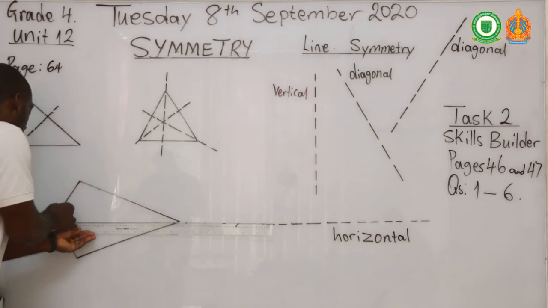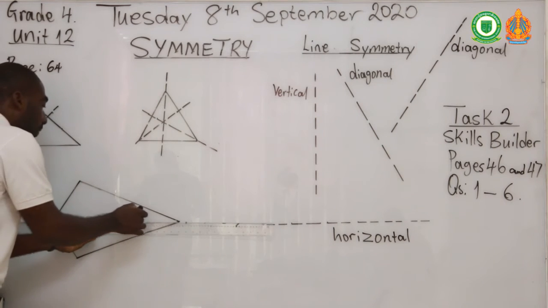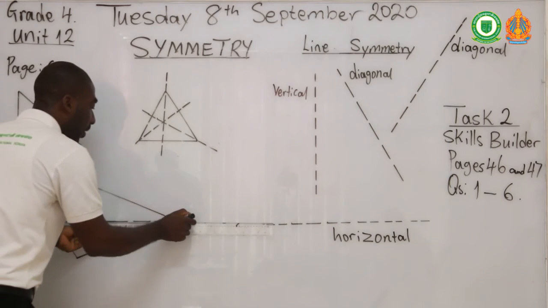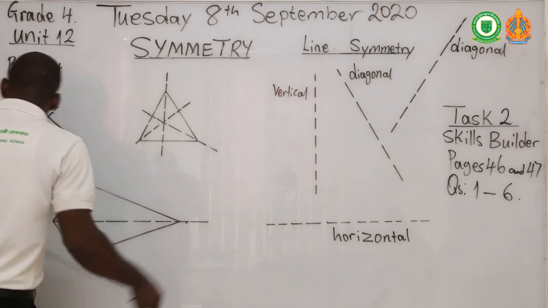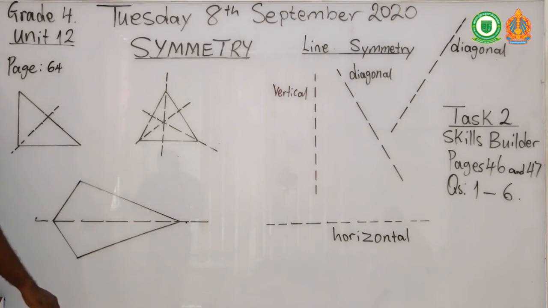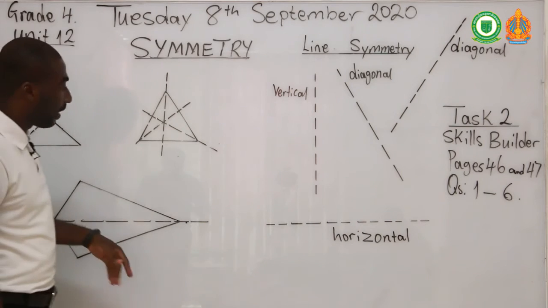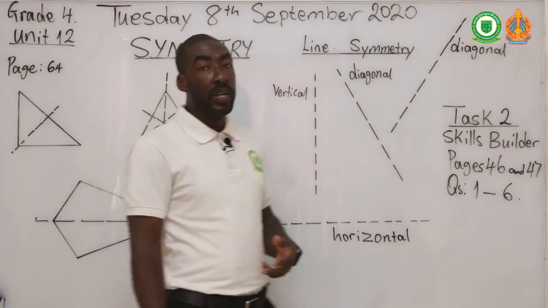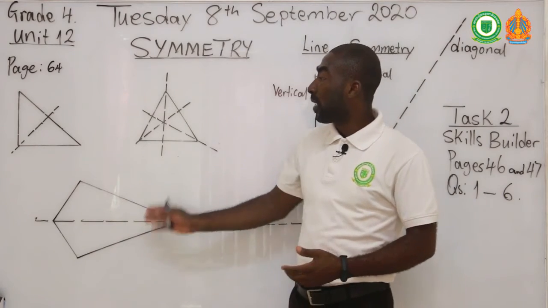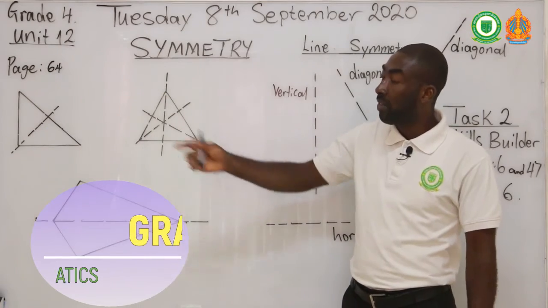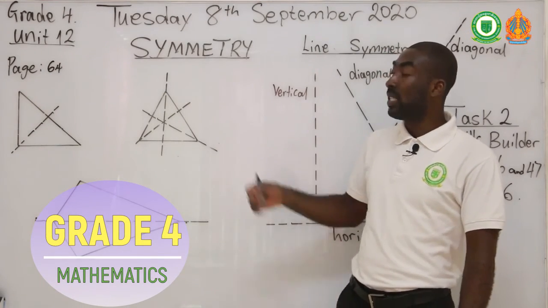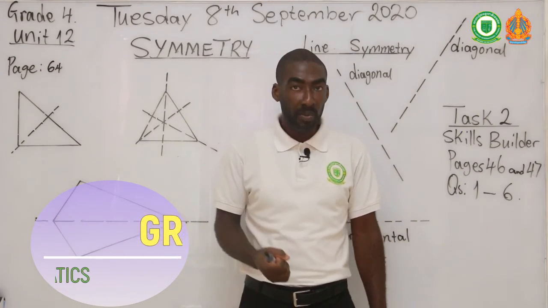So that means we will go horizontal. Okay, so we have our line going through very nicely. Okay, so always know that some shapes can have horizontal, some can have vertical, and some can have diagonal. Then it's very easy for you to determine your line of symmetry.